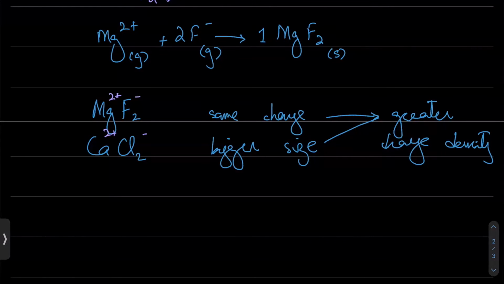Okay. And sometimes instead of comparing two different compounds altogether, examiners sometimes क्या करते हैं कि वो आपको एक ion change करवाता है, which is again, for example, sodium fluoride and magnesium fluoride. That's a comparison for those. And that's what the examiner expects you to be able to answer.